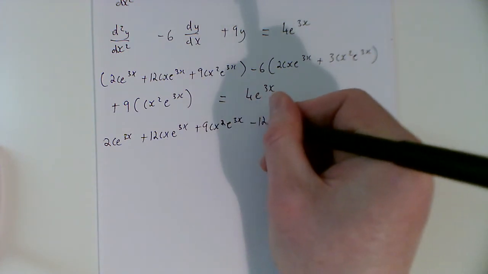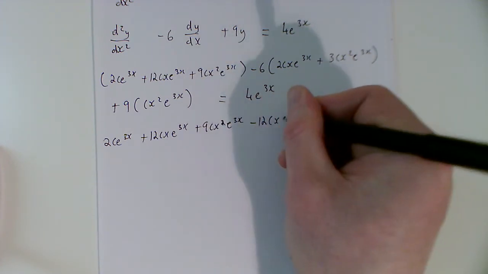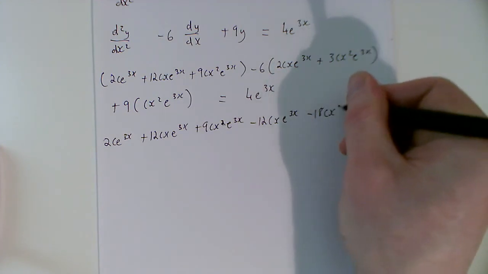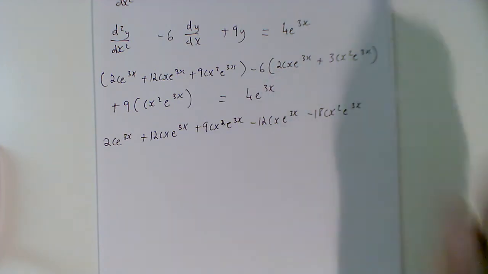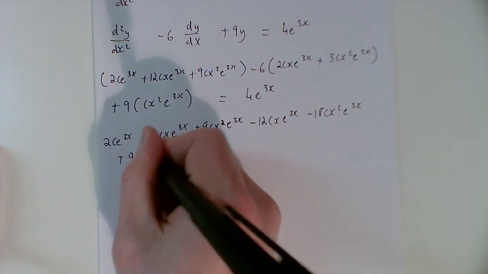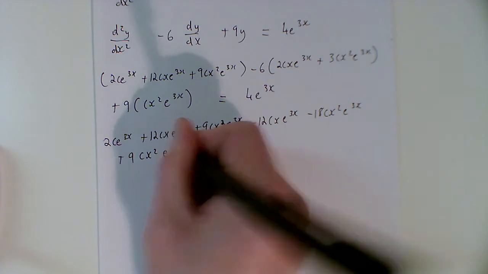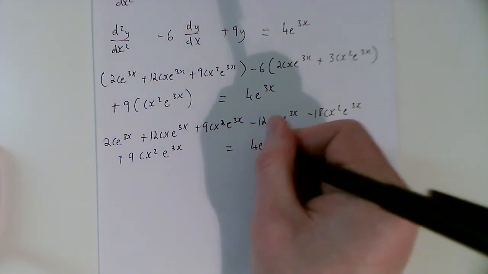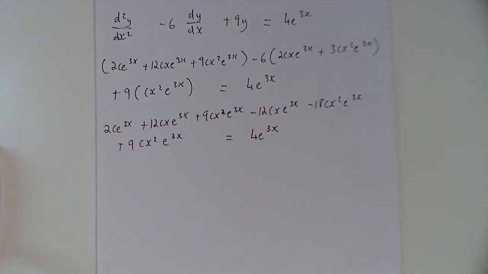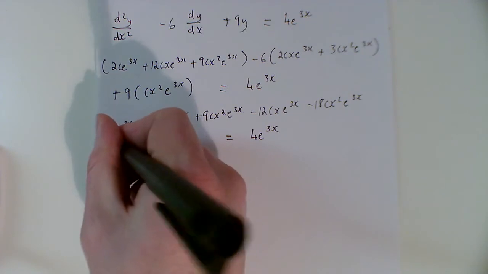So let's take away 12cx e to the power of 3x, take away 18cx squared e to the power of 3x, plus 9cx squared e to the power of 3x, equals 4e to the power of 3x. So I've just multiplied out both of those little brackets there.